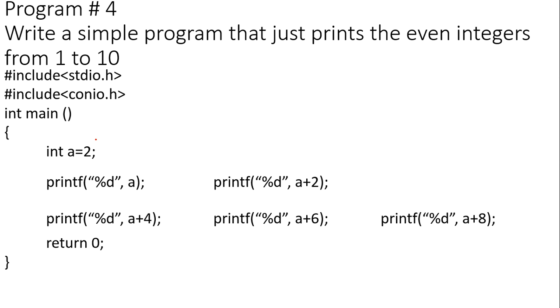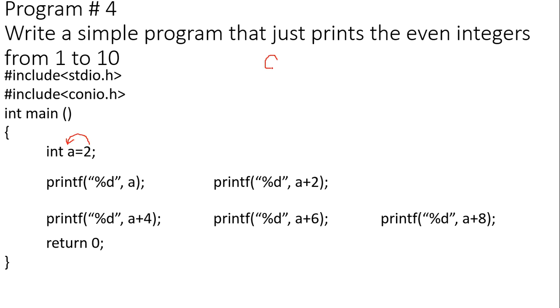So that's why in our program number 3 we initialized the variable with initial value 1, a equal to 1. But in this program we just want to print the even integers, so our first value will be 2. So I have initialized the variable a is equal to 2.